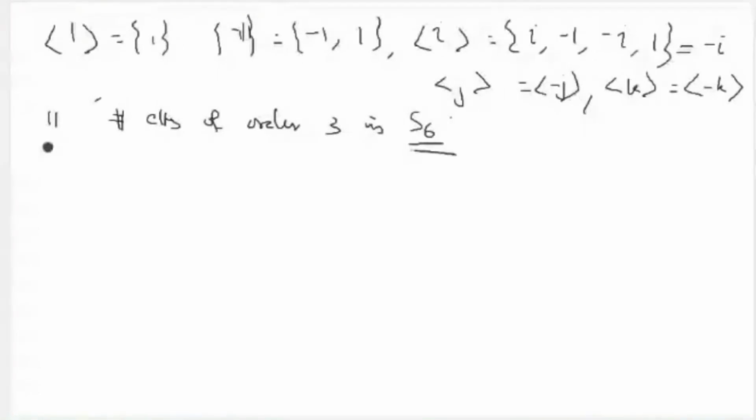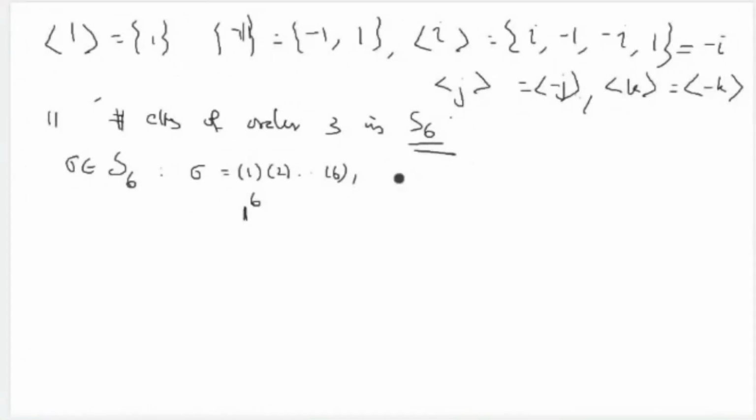In S6, if sigma is in S6, sigma can be the identity element. That identity element has structure 1 raised to 6, all cycles of length 1 only. This is the product structure.